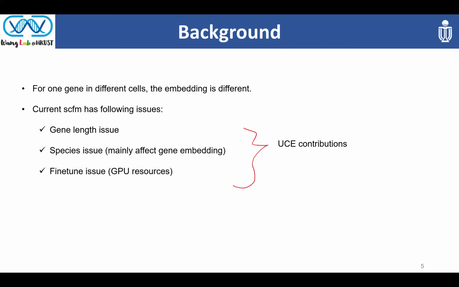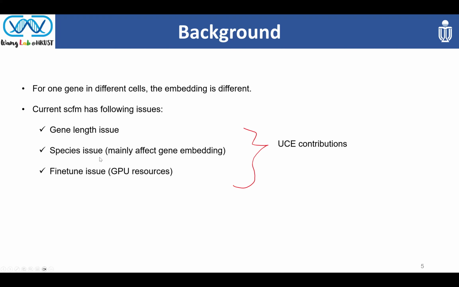And G-Informer has a length of around 1000, and it cuts the first 1000 expressed genes to train the model. So we need to pre-process the genes before we feed them into the foundation model. This is the first issue.